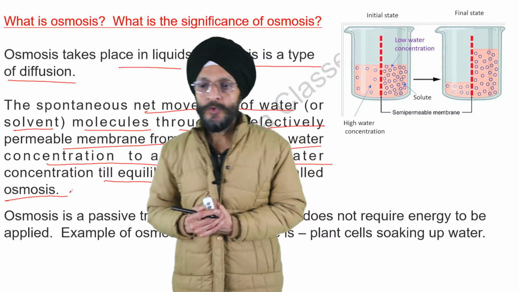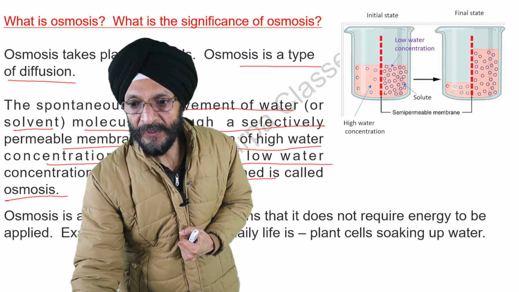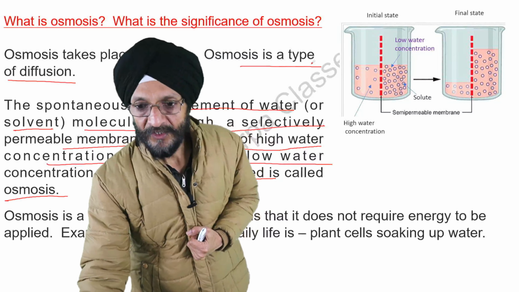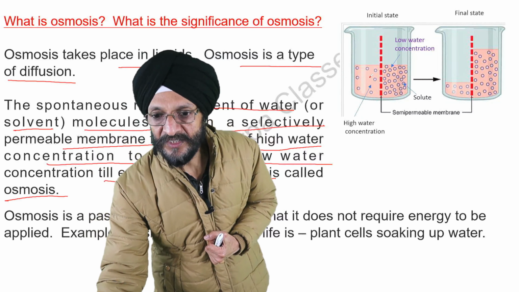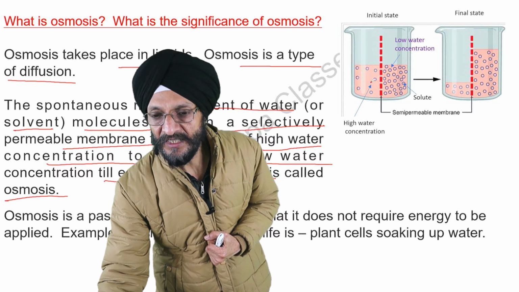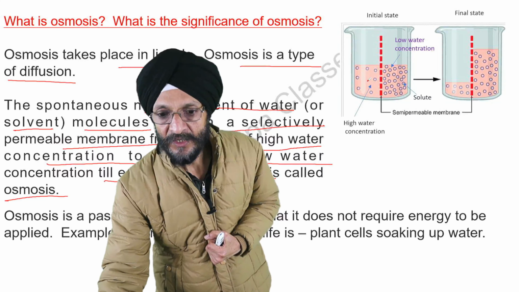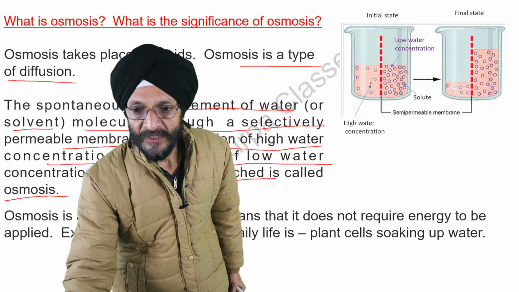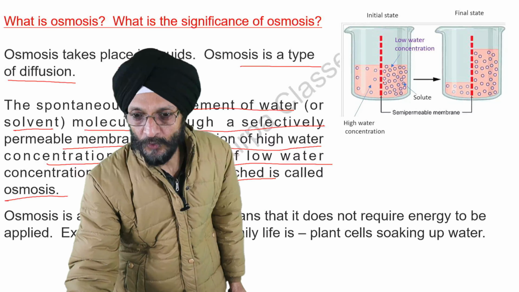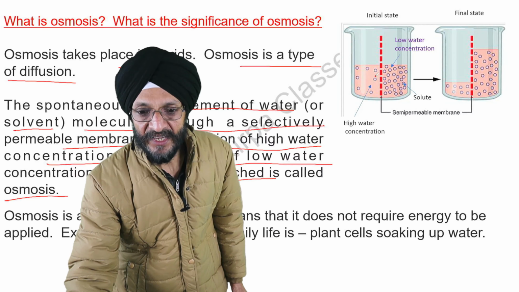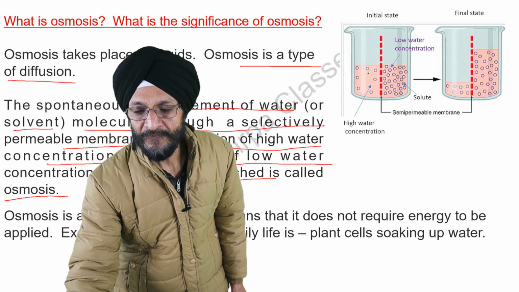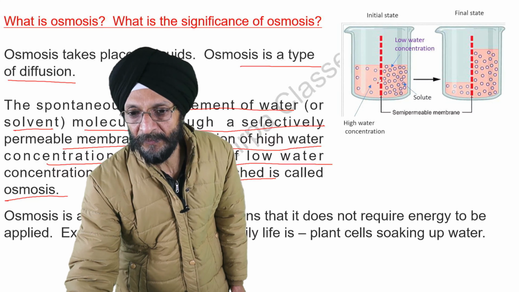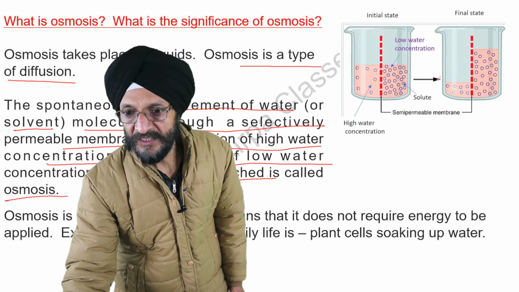In this picture, you can see that this is the semi-permeable membrane. So in this part, you can see that solute particles are in less concentration and water is more. And this is a semi-permeable membrane. So slowly, the water passes through this semi-permeable membrane as the water is in high concentration in this part of the jar, till the equilibrium is reached.